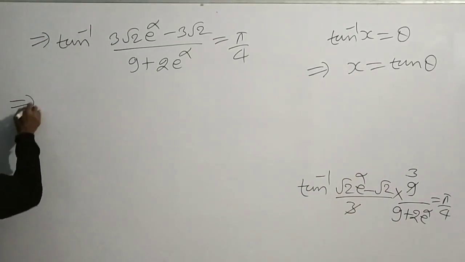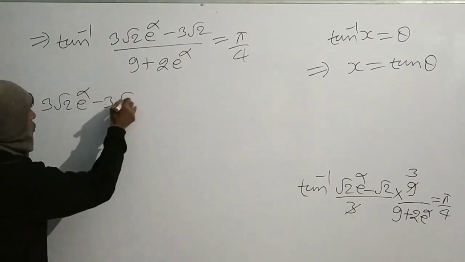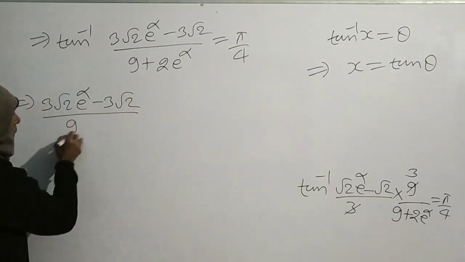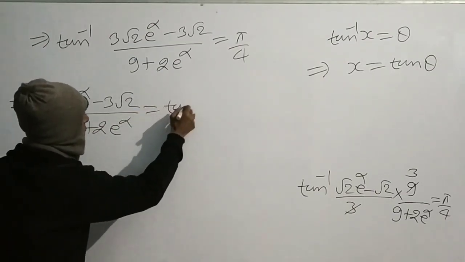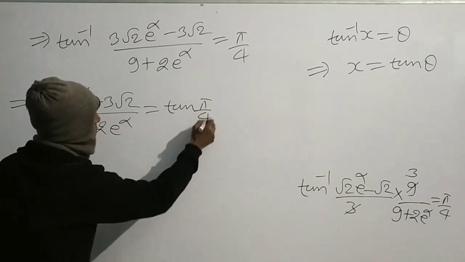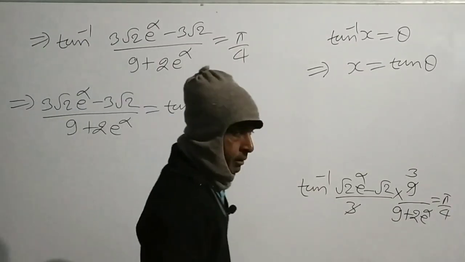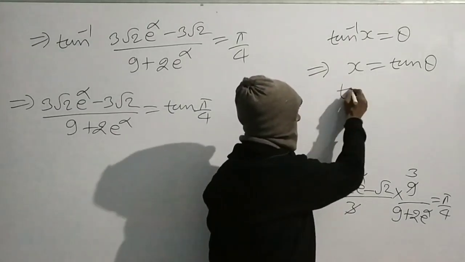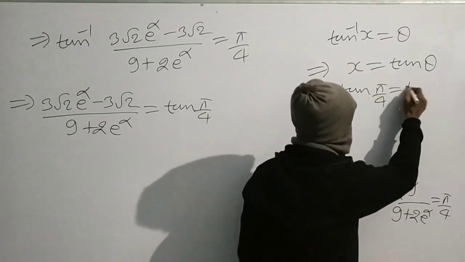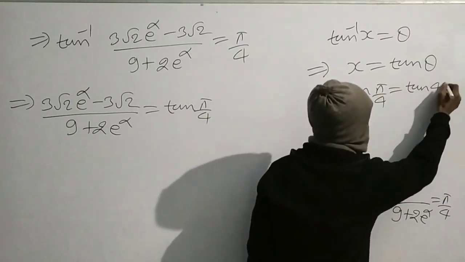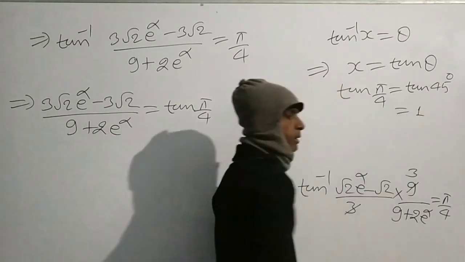This implies 3 root 2 e to the power alpha minus 3 root 2 by 9 plus 2 e to the power alpha is equal to tan pi by 4. But tan pi by 4 means tan 45 degree, and the value of tan 45 degree is equal to 1.